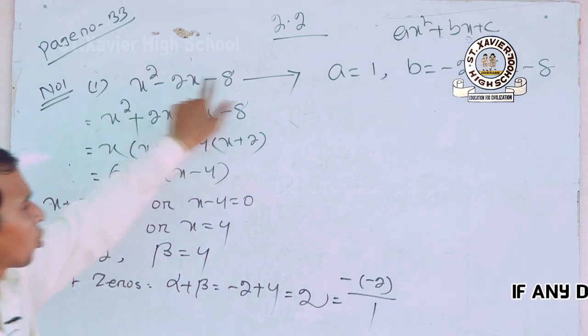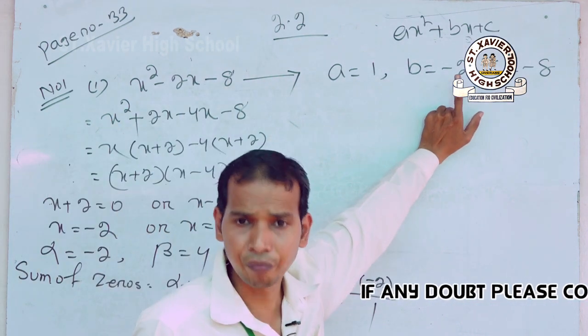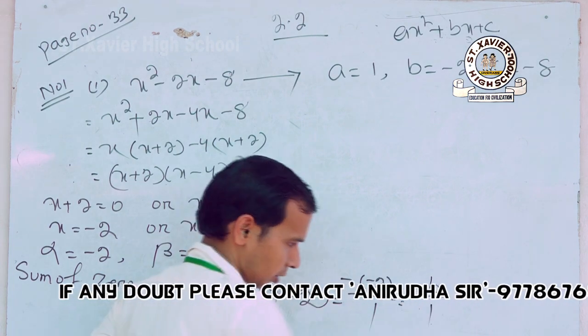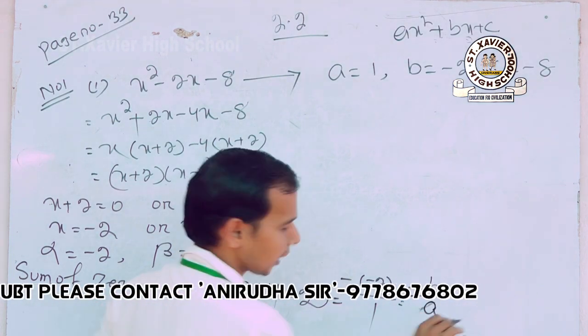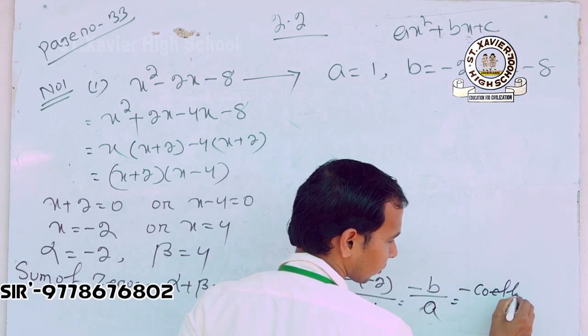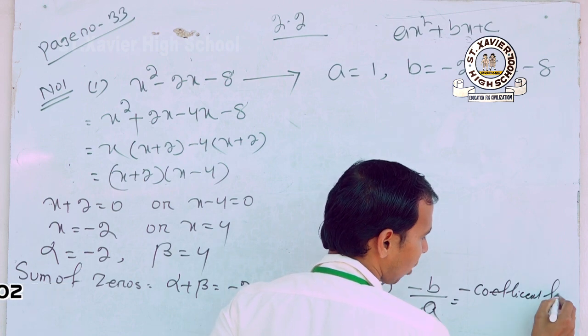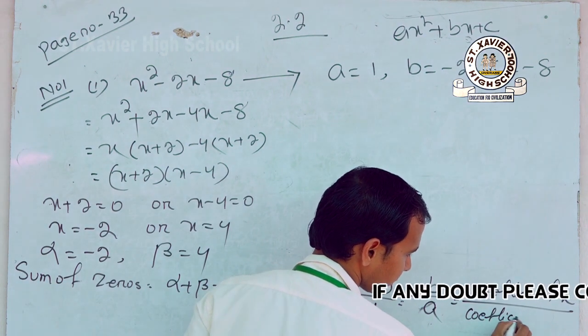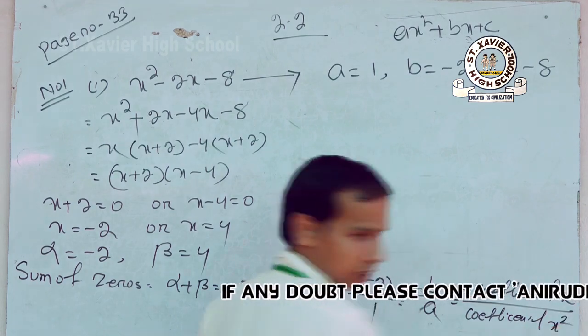Mark here, -2 is the value of b. This can be written as minus b by 1, or minus b by a, which is equal to minus coefficient of x by coefficient of x square.